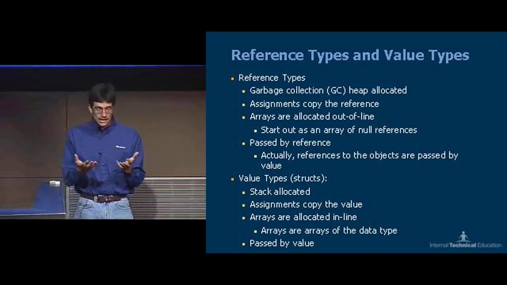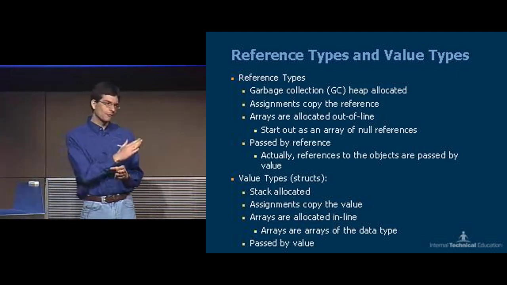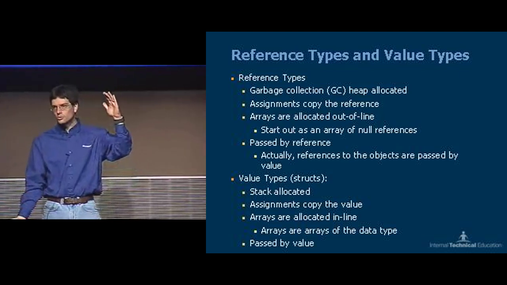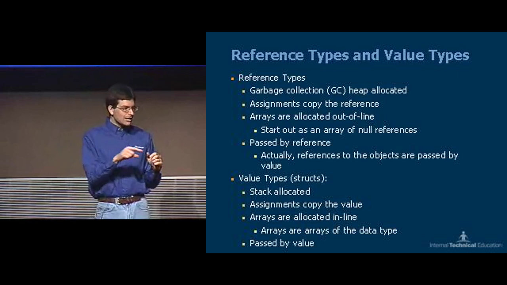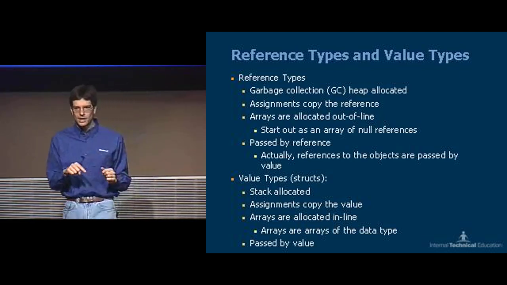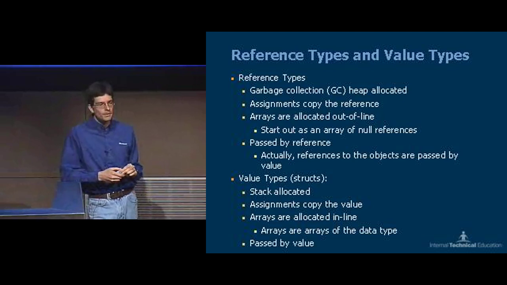And that means that assignments just copy the reference, or the pointer, from place to place. So you could have a hugely large reference type in memory, and you assign that to a bunch of different variables. It would just assign the pointer to that location to a bunch of different variables. So there's not a huge expense there.